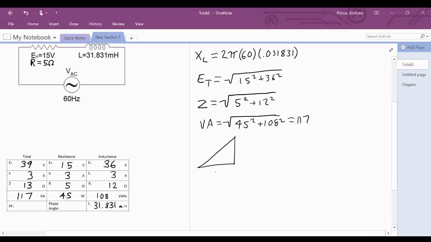So if I have 45 watts and 117 volt amps, I should be able to find this angle, which is our phase angle, and my power factor. So the power factor would, based on our formulas, just be 45 divided by 117. Our true power divided by our apparent power.